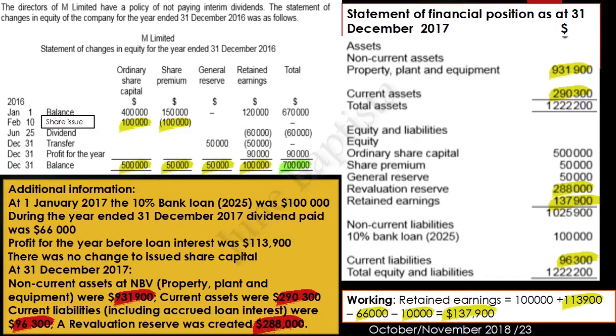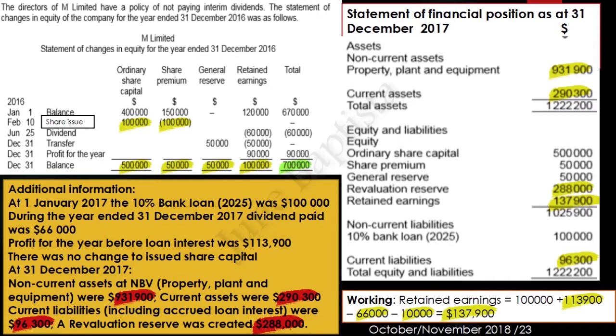The second half of the statement of financial position is equity and liabilities, of which equity consisted of ordinary share capital $500,000, share premium account $50,000. Both of these did not change during the year.